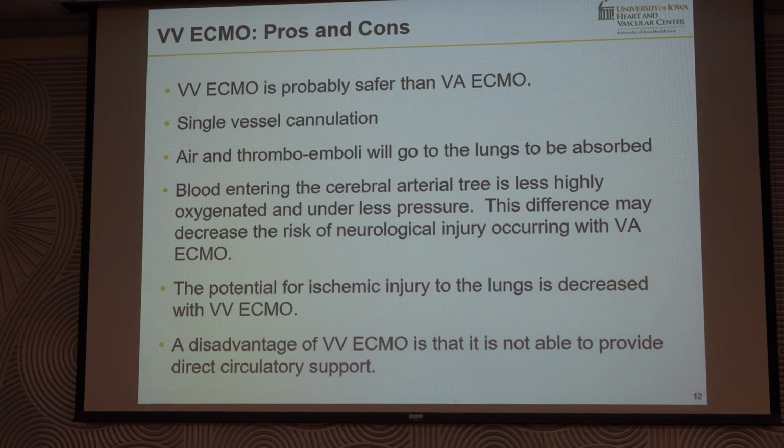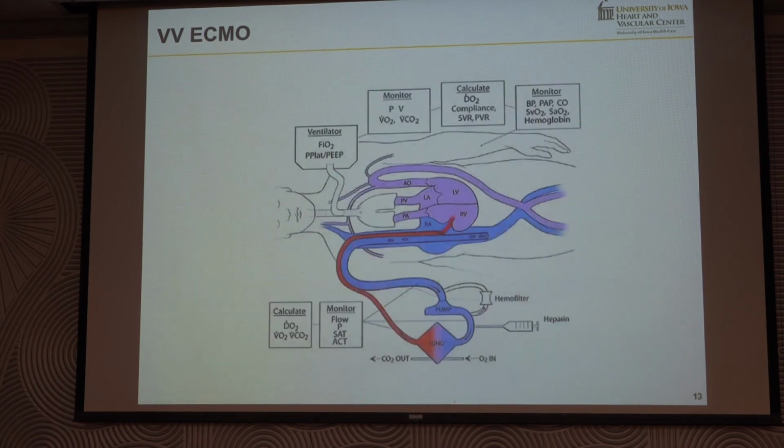But there's a benefit to the brain perfusion and coronary perfusion with VV. The potential for ischemic injury to the lungs is decreased because, once again, you're oxygenating the pulmonary blood flow. And one of the disadvantages, it's not able to provide circulatory support. So if you're giving it to a patient that's maybe in cardiac compromise, you maybe want to consider VA.